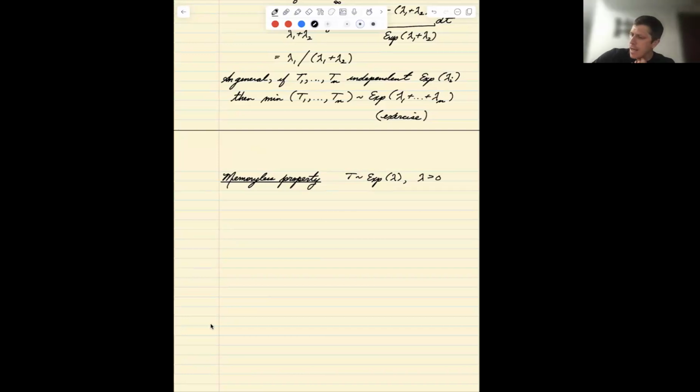Let's consider s and t bigger than or equal to 0 and consider the probability. So the question is, what's the probability that T is bigger than or equal to s plus t, given that it's already bigger than t?